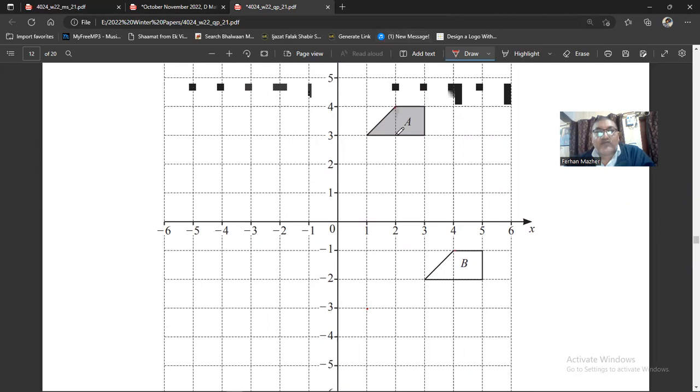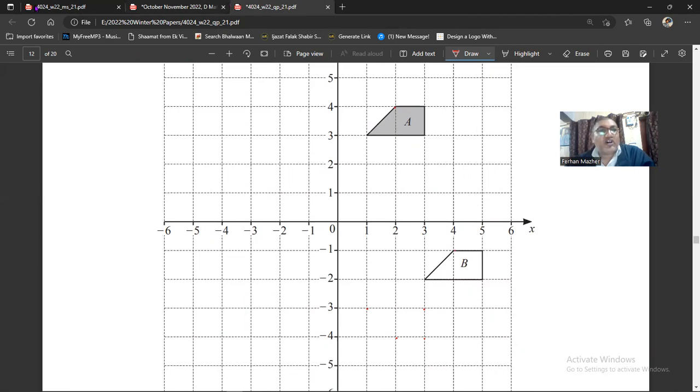What about this point? This is 4 steps above, so it will go 4 steps below. This point is 3 steps above the x-axis, so it will be 3 steps below the x-axis. Simply join them, and you will get that shape.